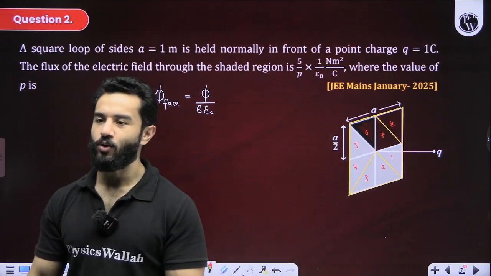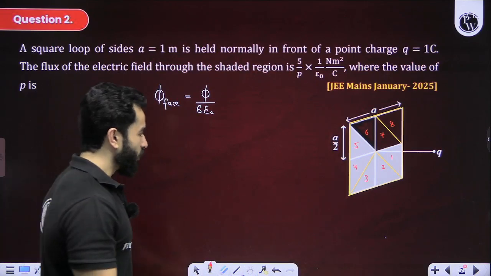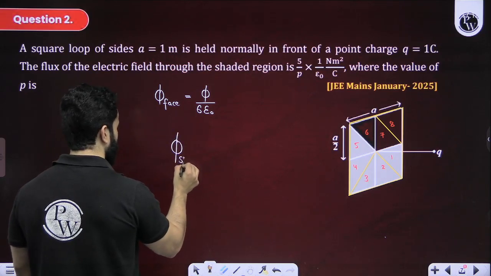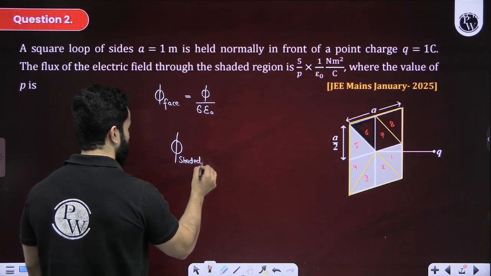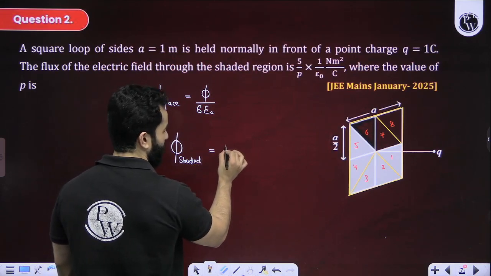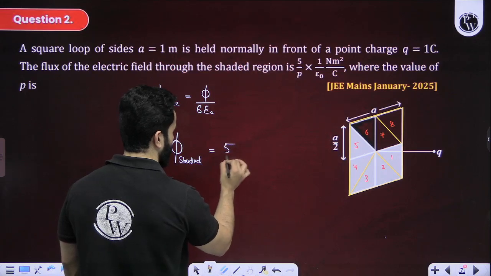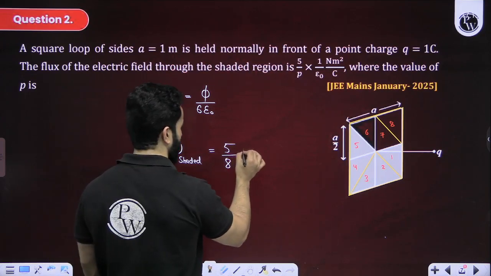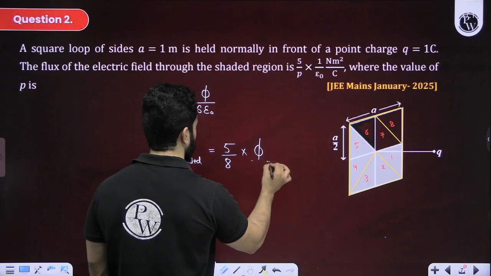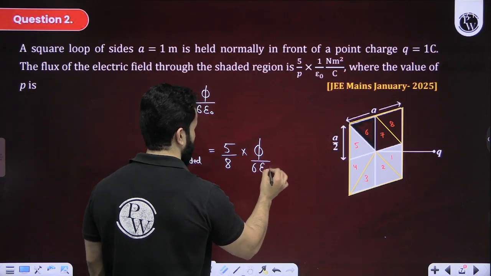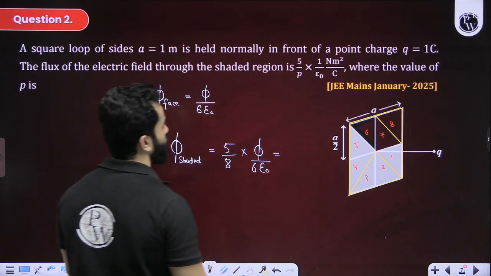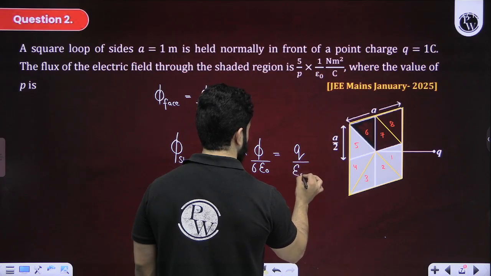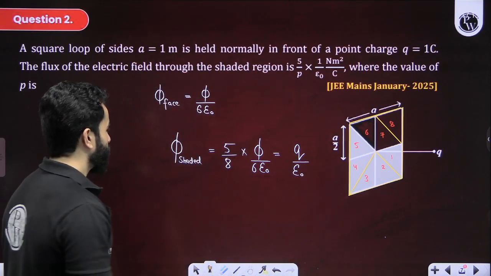And out of those 8 equal parts, if I want to find the flux through the shaded region, I'll simply say that it is 5 out of 8 parts of the total flux, and the total flux is Q upon 6 epsilon naught. And this should actually equal the charge, that is 1 coulomb upon epsilon naught, right?